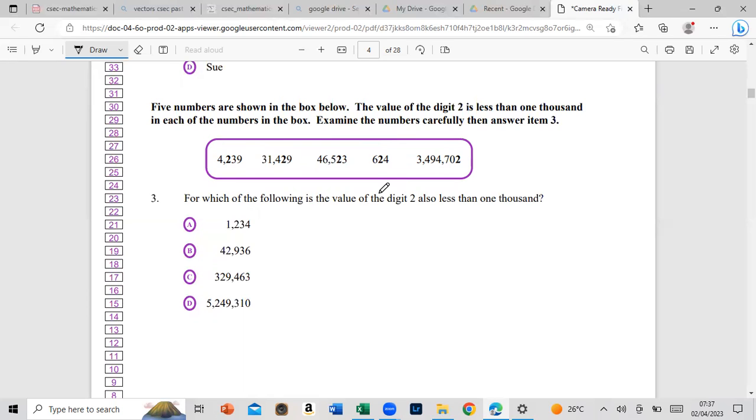It says, for which of the following is the value of the digit 2 also less than 1000? And clearly we can see that it's right here because the value of 2 would be 200 here. So it's 1234. That would be our answer here. Very nice question.